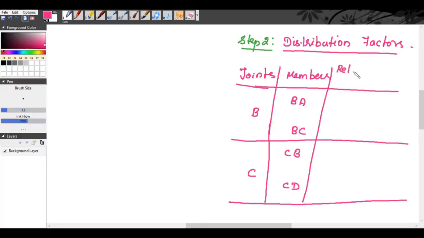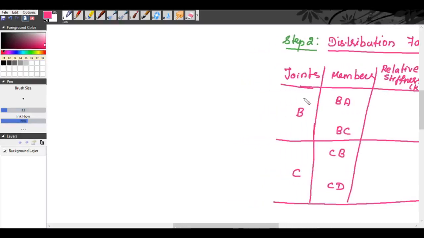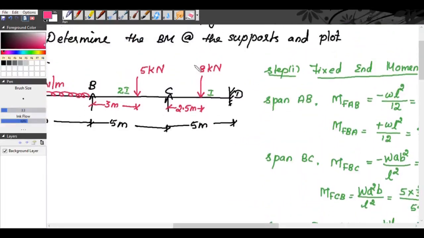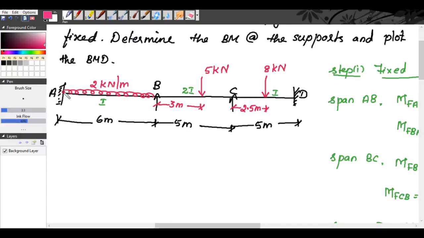So totally two joints. After writing the members, you write the relative stiffness K. Find the relative stiffness K. So we know, for BA and BC: for BA, the far end is fixed.